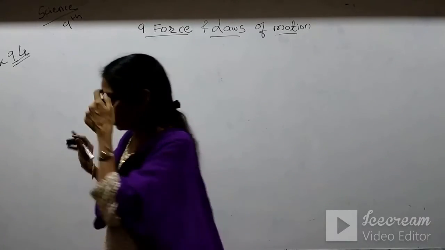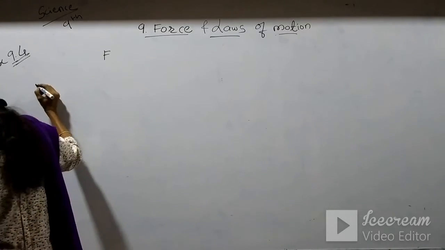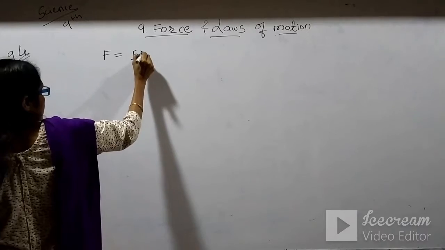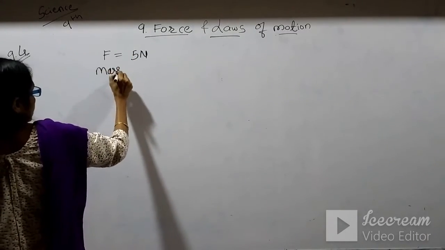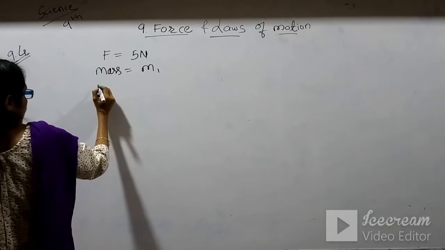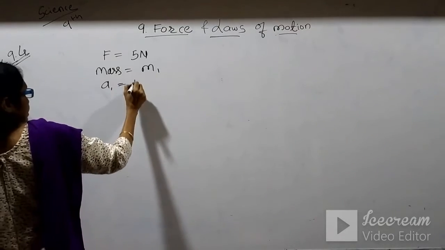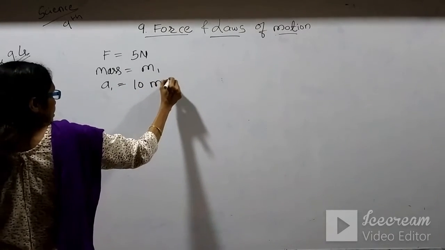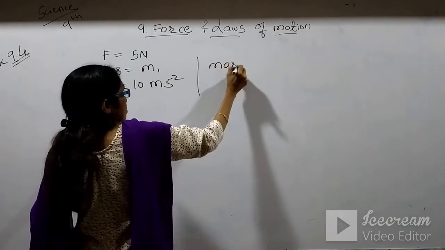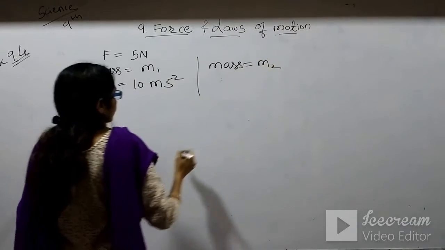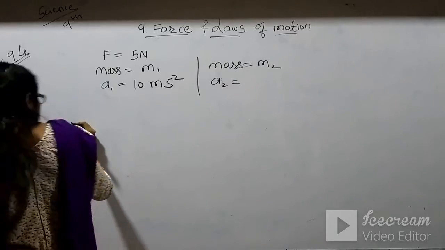What is given here? Force is equal to 5 Newton, which is fixed. What is the mass for the first situation? m1. Acceleration is equal to 10 meter per second square, and for the second case, mass is equal to m2, acceleration is equal to 20.